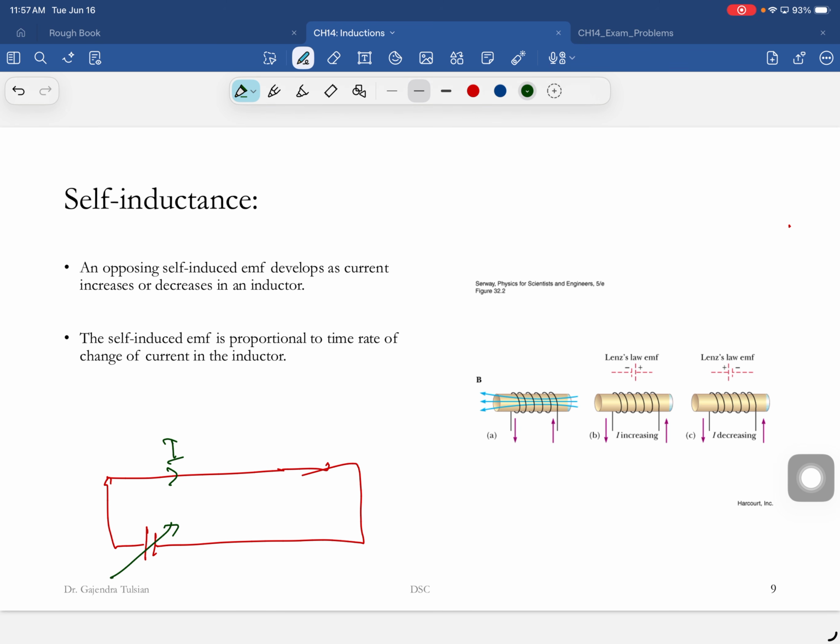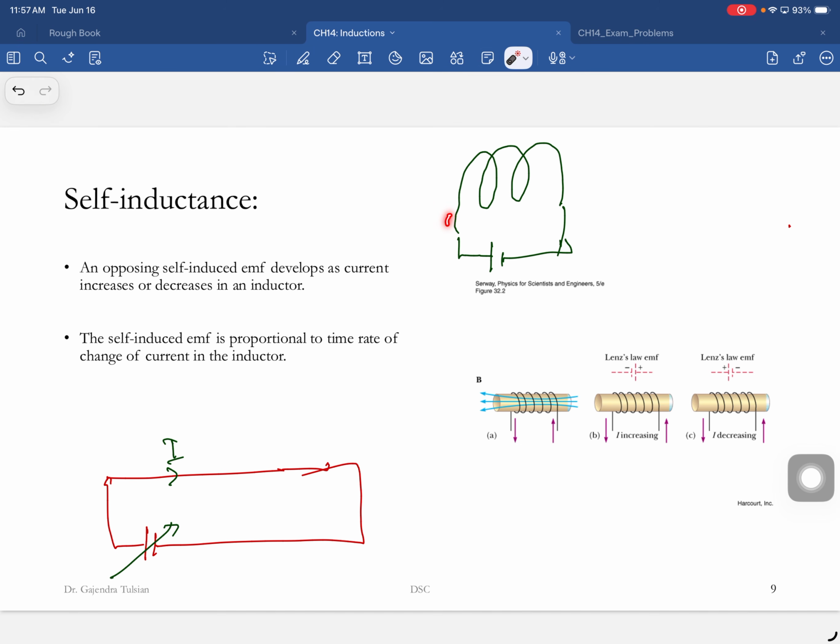Now all I'm going to do is take the wire and wind it up into a solenoid like this. Now if I wind it up into a solenoid, here's what's happening. As the current is increasing, this coil is producing a magnetic field. That magnetic field is increasing. That magnetic field is threading the next coil, which is inducing an EMF in the next coil.